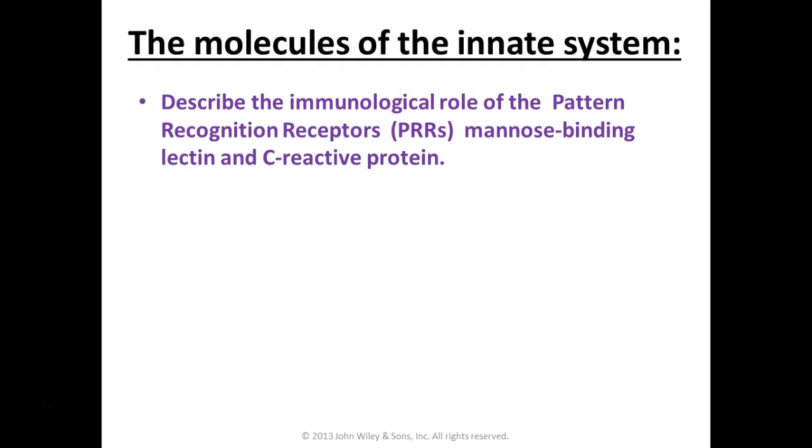So in this case, the two that we're looking at, mannose binding lectin, it tells you what it's recognizing. It's recognizing mannose, which is a sugar.